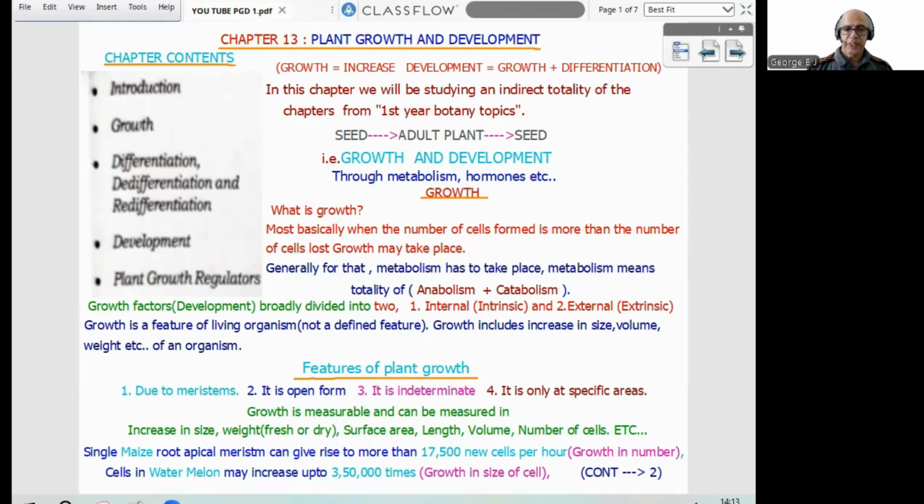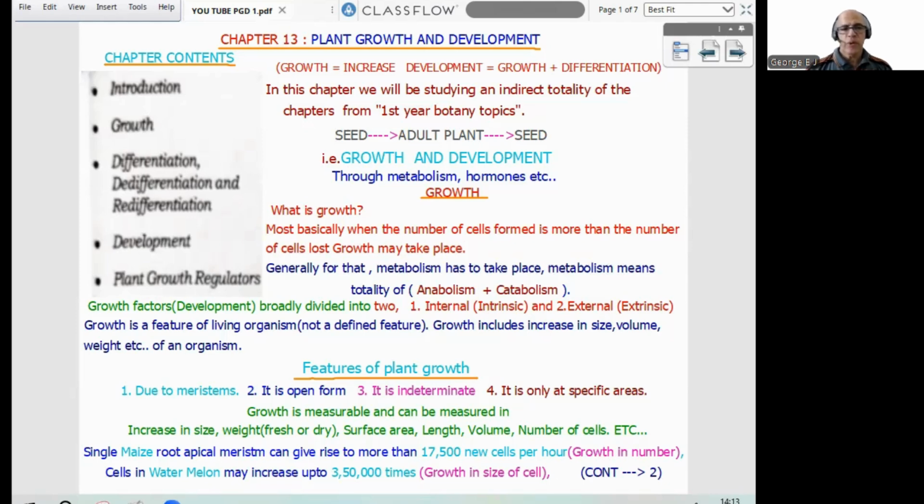Growth can be measured by various parameters, which include increase in size, weight, meaning fresh or dry, surface area, length, volume, number of cells, etc. Now, two famous comments in NCERT. What are these two? One, a single maize root apical meristem can give rise to more than 17,500 new cells per hour, and that is concerned with growth in number.